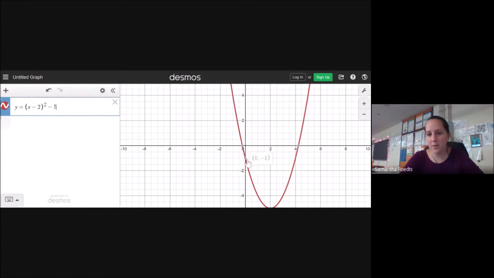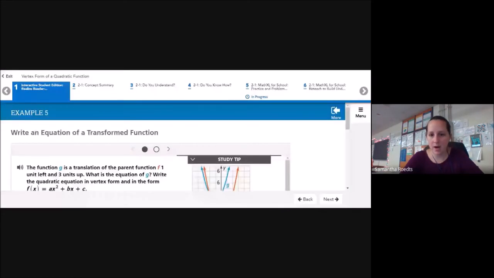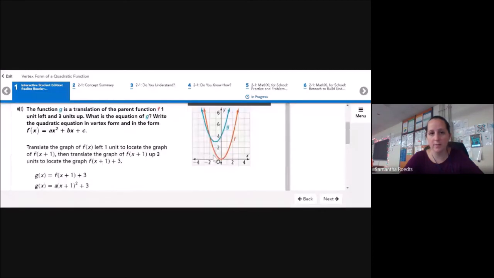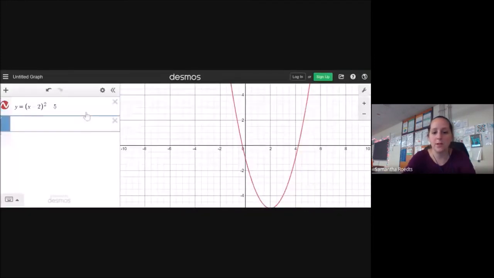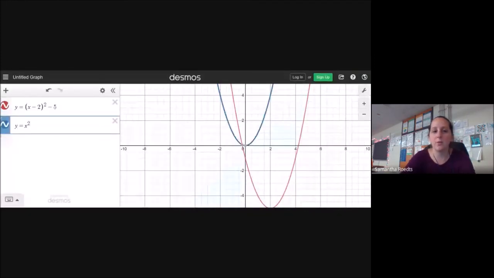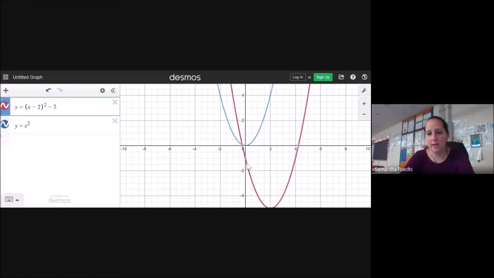So here's my graph, so I can see this is (x minus 2) squared minus 5, because I was using this graph, which is just x squared. So if we looked at this, y equals x squared, we can see that we translated 2 to the right and down 5. So looking at this graph, it crosses at (0, negative 1).